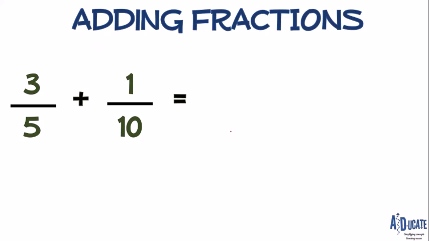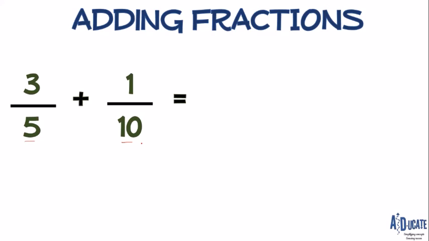So the rule is that we need to make them have the same denominator. And usually you look at them and you decide, can one of these numbers be the denominator? Because we're looking at multiples, we're looking at factors.